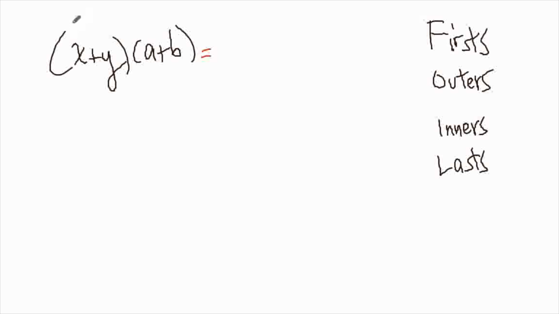What I mean by the firsts is the first term of each parenthesis. So clearly that's the x and the a, and those get multiplied together. By the lasts, I mean the last term of every parenthesis, so those guys get multiplied together. And what about the outers and the inners?